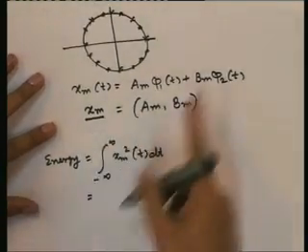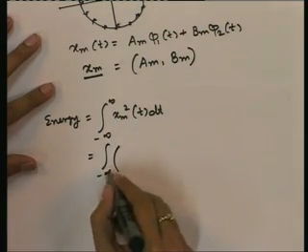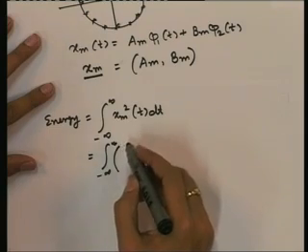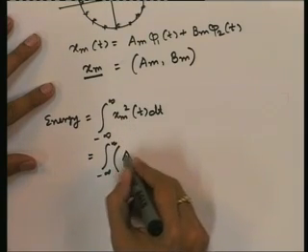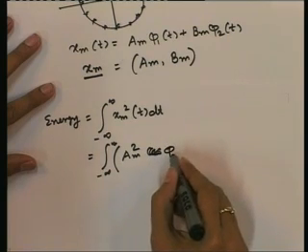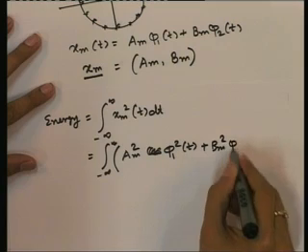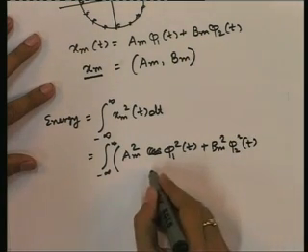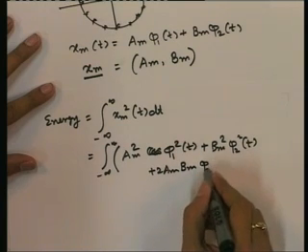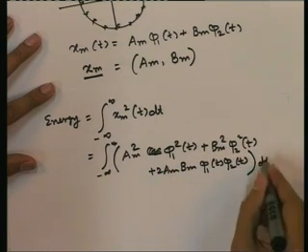Now, using this you can see that this can be written as integral from 0 to T, because at all other places this signal is 0, of am square phi 1 square(t) plus bm square phi 2 square(t) plus 2 am bm phi 1(t) phi 2(t) dt.